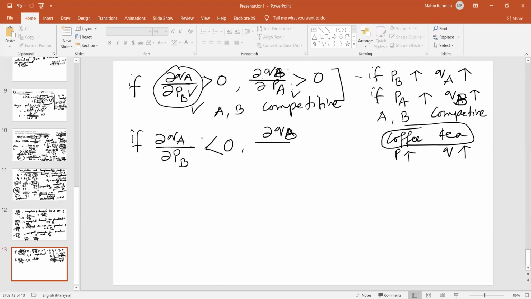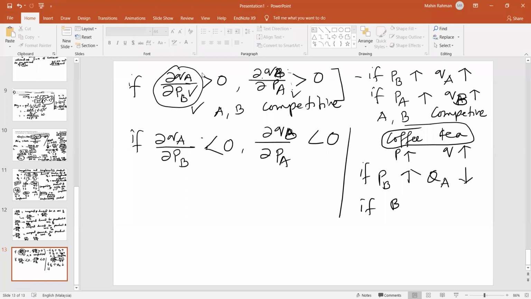Here delta QA by delta PB is less than 0, and delta QB by delta PA is less than 0. What does this mean? If price of product B increases, the quantity of product A will decrease. Or if price of product A increases, quantity of product B decreases. So that means A and B are complementary, because the relationship is negative.